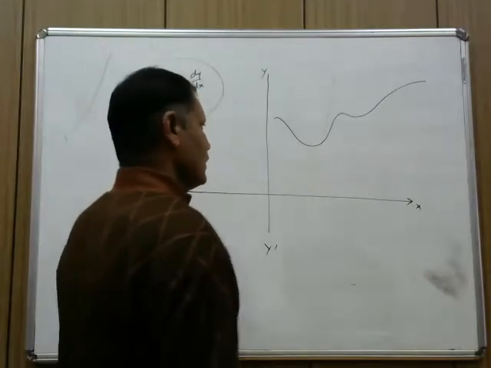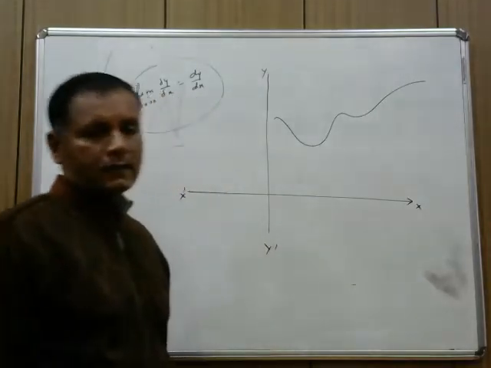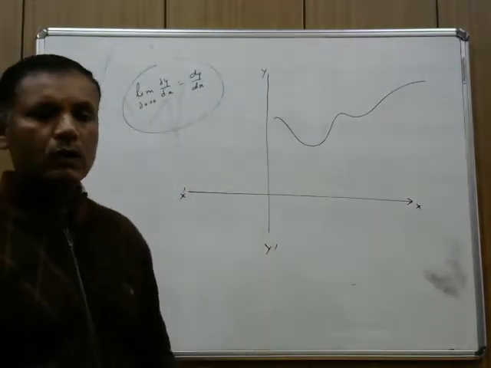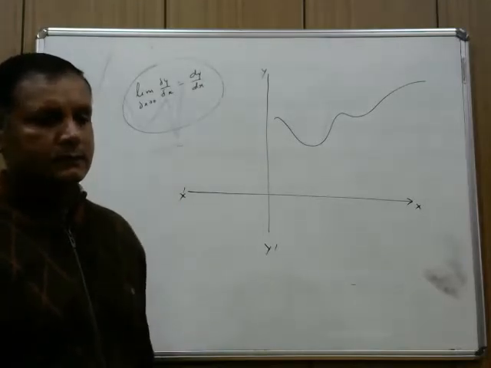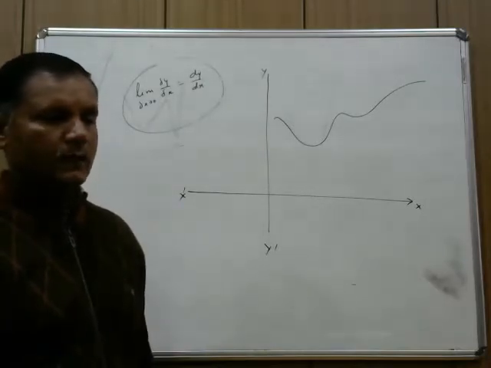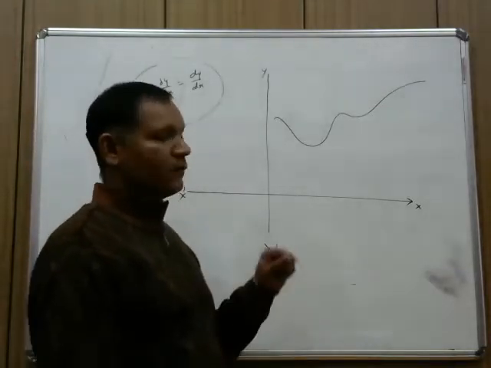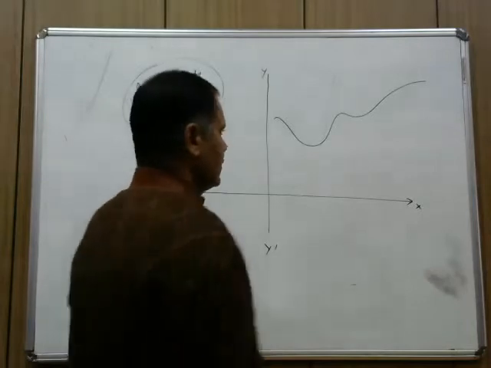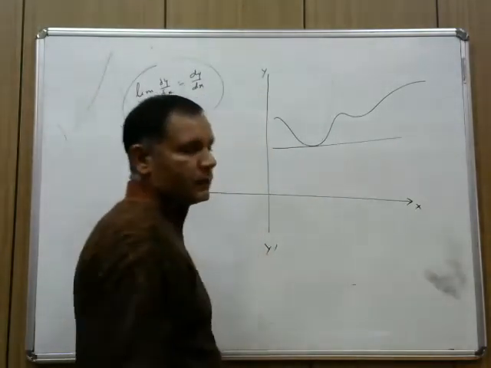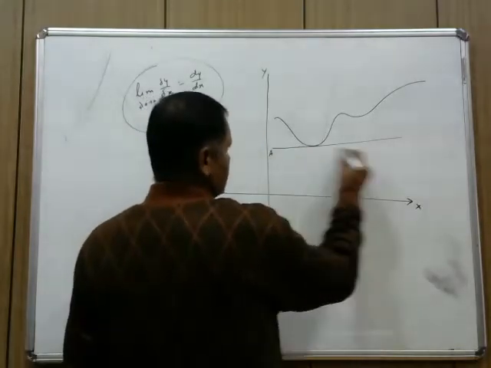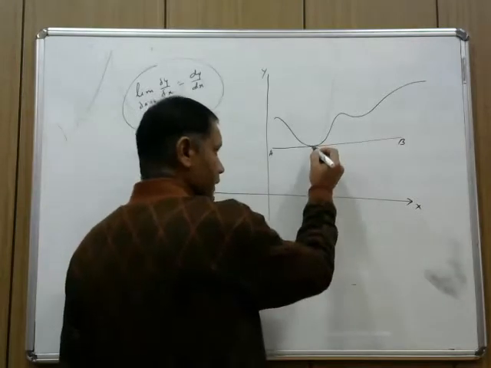You know what a tangent is? Tangent is a line passing through a unique point of the curve, or a line touching the curve at a unique point, then that line is called tangent. This is a tangent because AB touches the curve at one point.